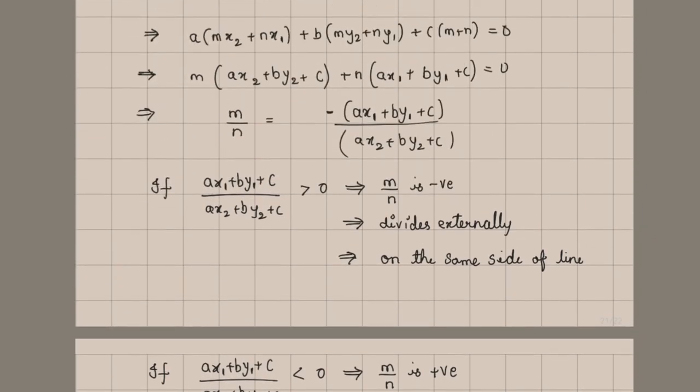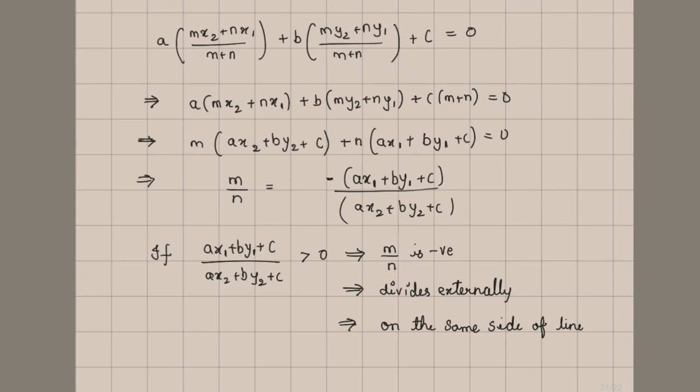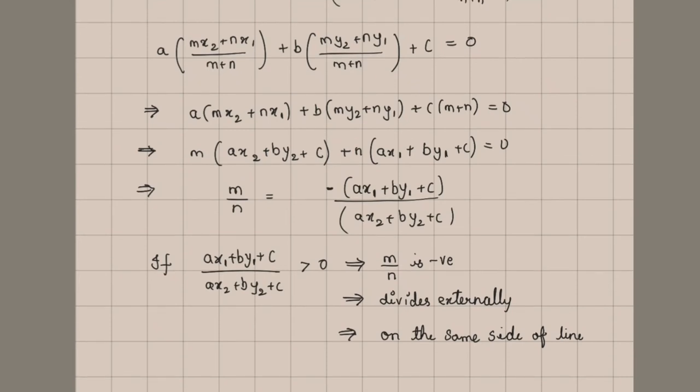Okay, did you get that? And we have obtained the ratio also. So this ratio is minus of (Ax1 + By1 + C)/(Ax2 + By2 + C). Suppose in some questions they may ask you to find the ratio.